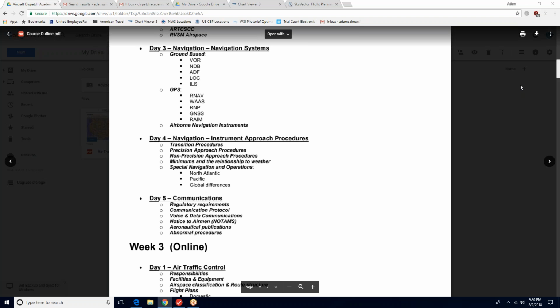There are certain criteria that the plane does have to have in order to be RVSM capable, and we'll talk about that in systems later. But if it doesn't have those things, then you cannot go into RVSM. You have to stay below 29,000.